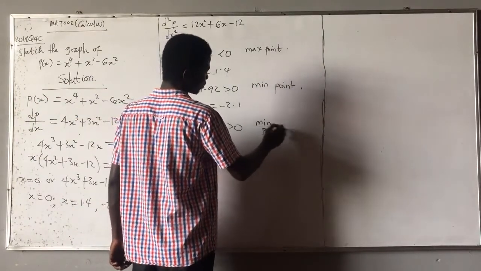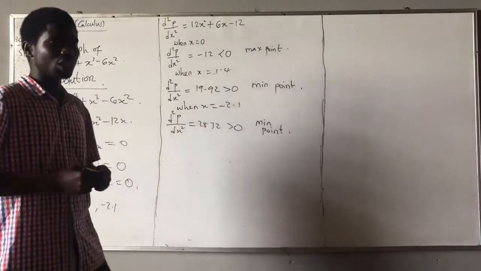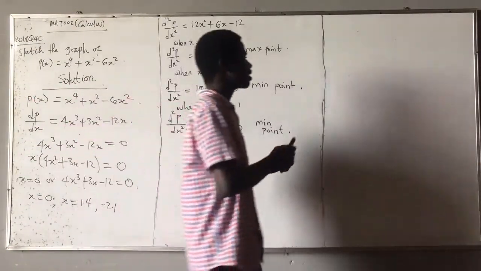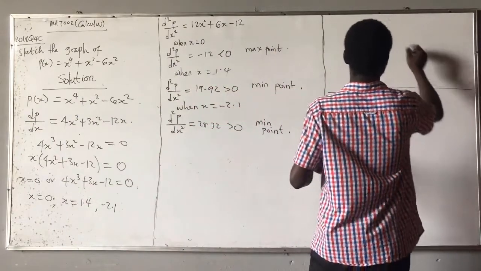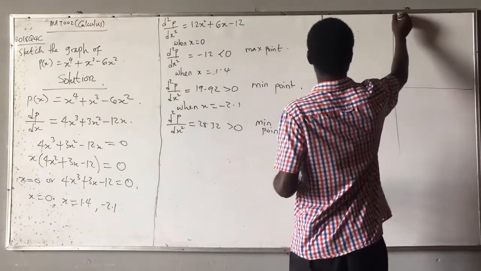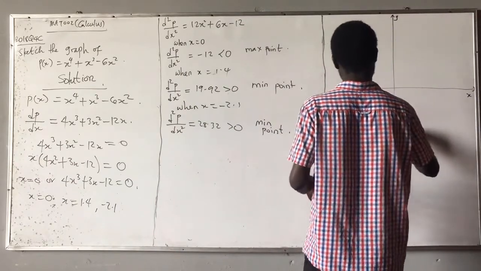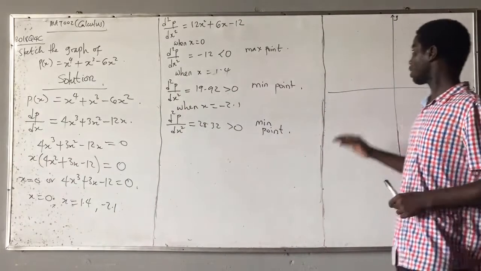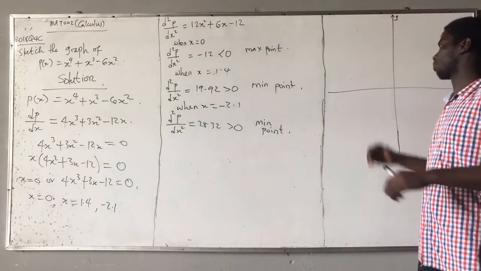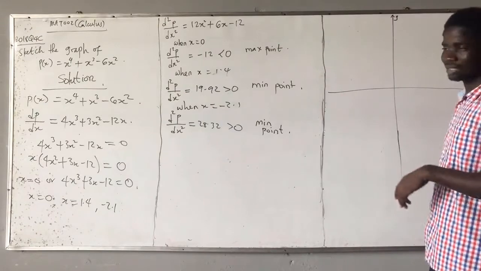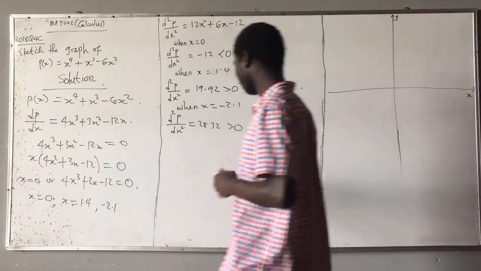Now look at what I'm going to do now. You will now check from minus infinity to infinity. Let's say this is where we want to draw the graph. This is y. This is x. Not drawn to scale, but look at it. I want to sketch this graph here. This is from minus infinity to infinity for x.